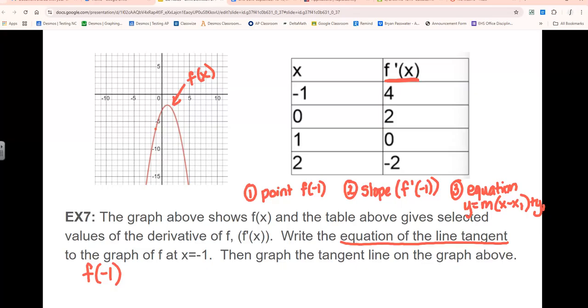You're looking for where x is -1, which is right here. What's the y coordinate of that point? It's probably pretty small on your paper. It's -6. So -1, -6 is our point.